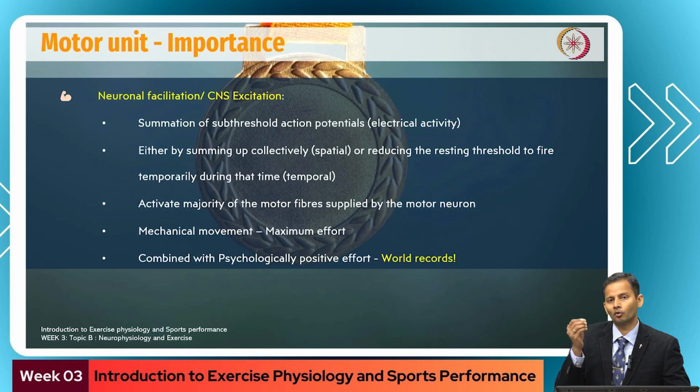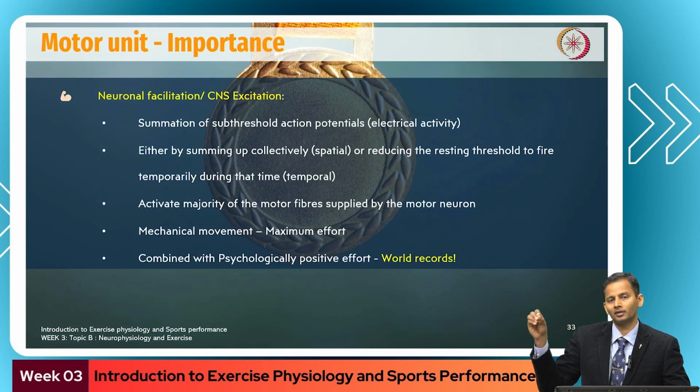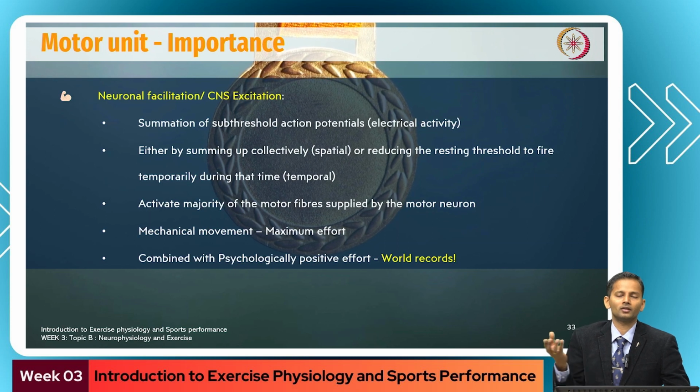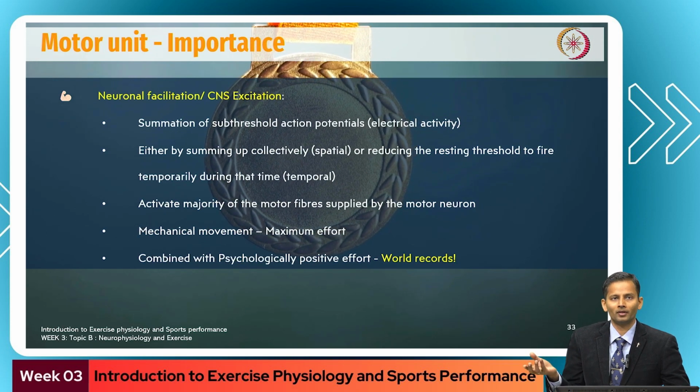In addition, the motor neuron also supplies multiple muscle fibers of the same muscle. So a single electrical impulse can get converted into a collective mechanical movement, thereby yielding a maximum effort.